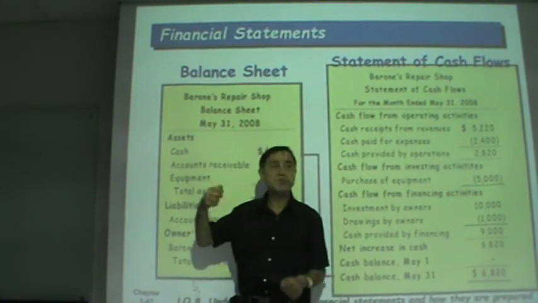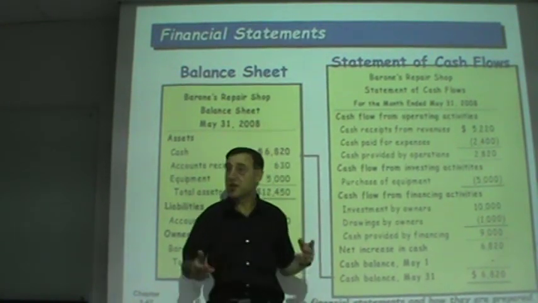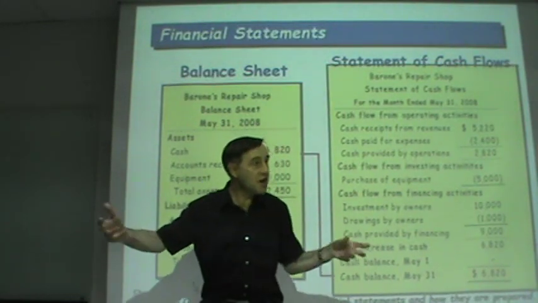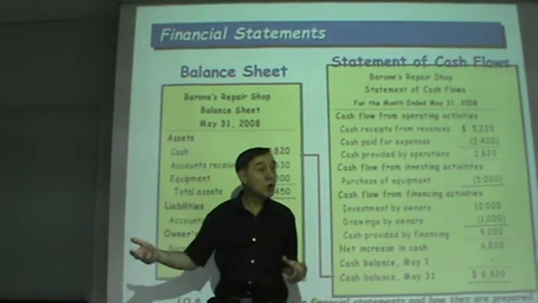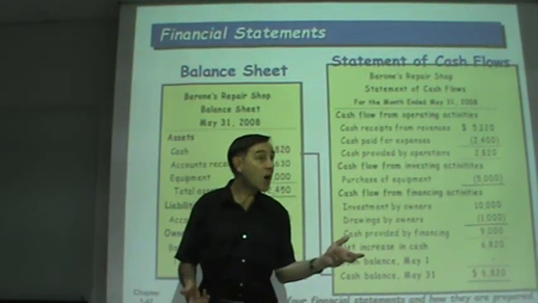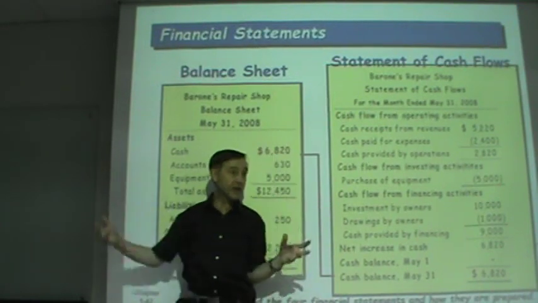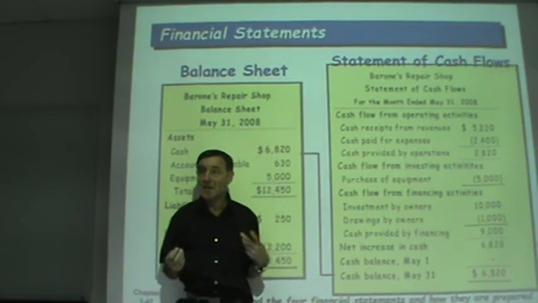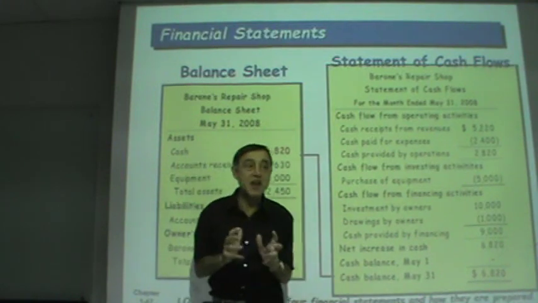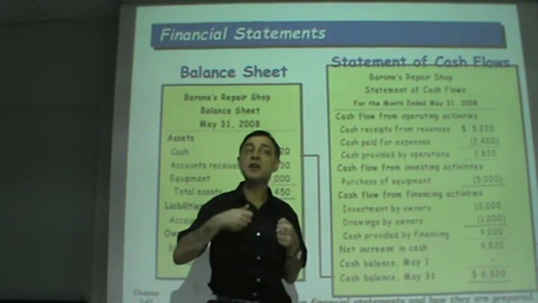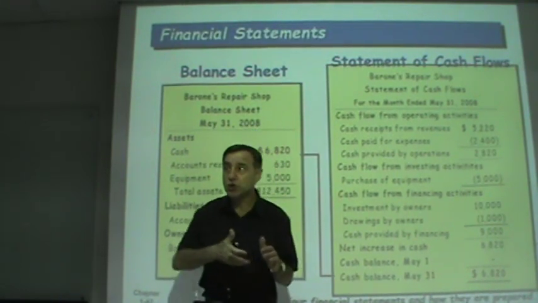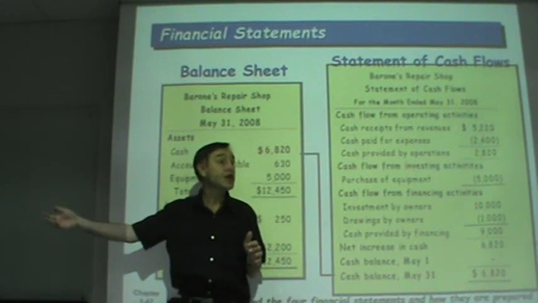If you buy a building, investment activity will be build a gym, build a pool, buy a car, build a new building. So investment activity is associated with acquiring an asset which you're going to use for many years.